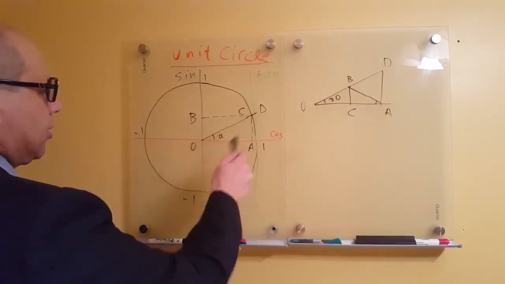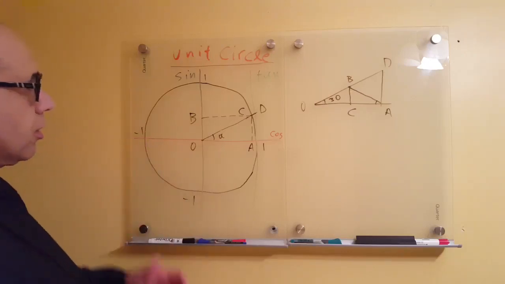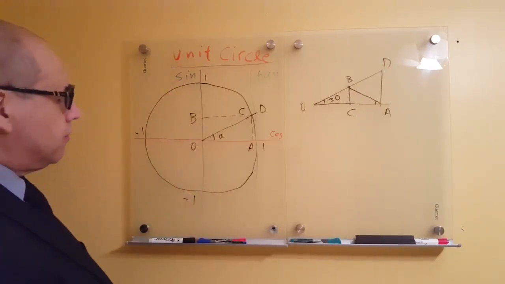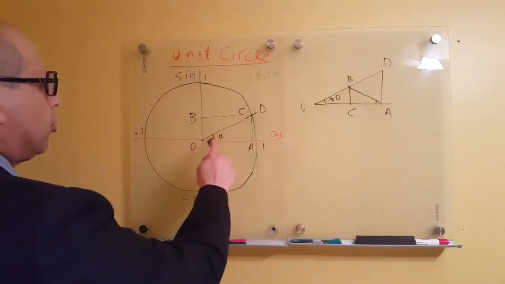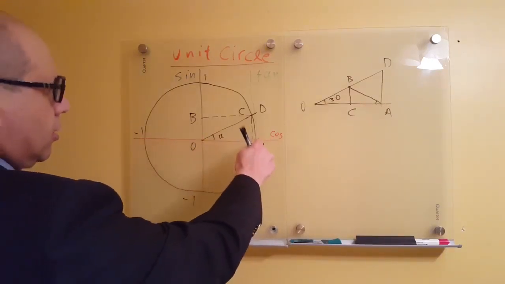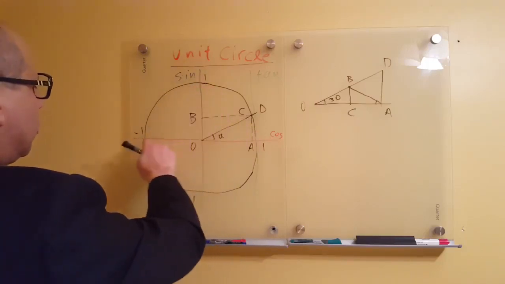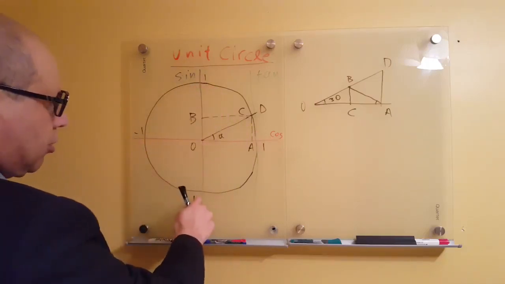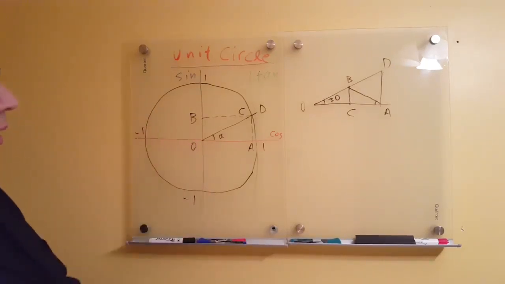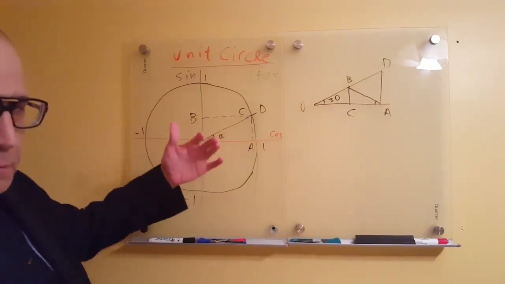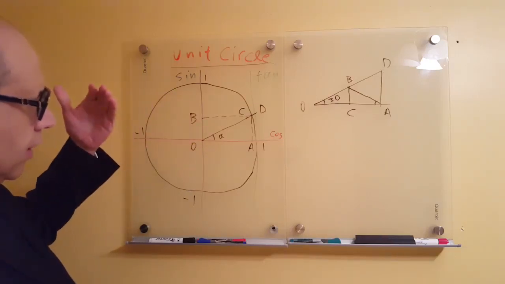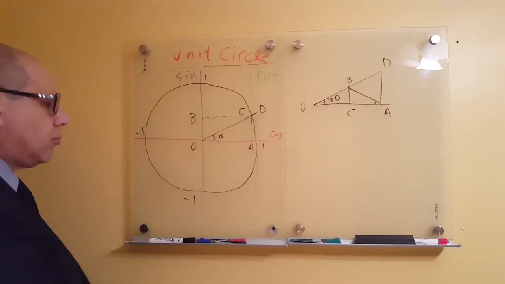As we said, the unit circle has radius 1, that's why we call it a unit circle. Here is the origin 0, this is 1, this is 1, and here are -1 and -1. This is useful for finding the cosine and sine of different angles.